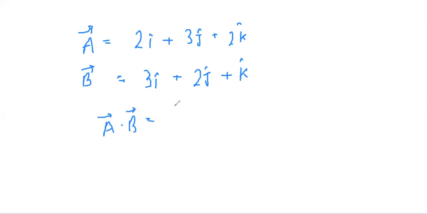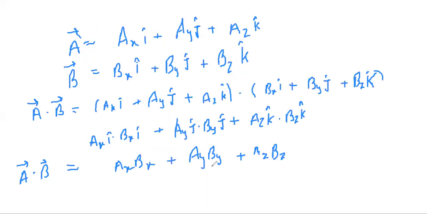So 3 2s are 6, plus 3 2s are 6, and 2 1s are 2. So the answer would be 6 plus 6 is 12, plus 2 is 14. This would be your answer. So this is the use of this formula, and this is its derivation, where you can prove that A dot B is equal to AX BX plus AY BY plus AZ BZ.